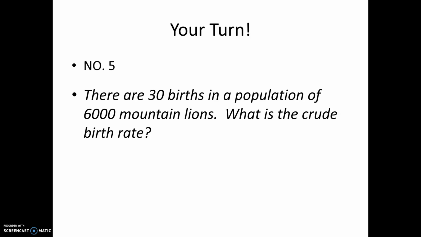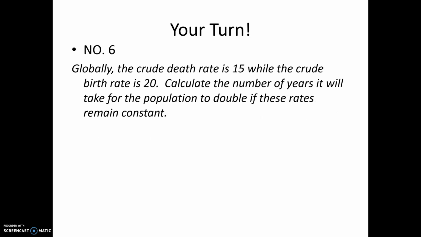Let's keep going. All right, now we're going to apply our crude death rate and our crude birth rate. In this one, I'm actually going to show you how to do number 6, and then you're going to apply this information to some questions afterwards. So let's figure this out. What are we looking at?